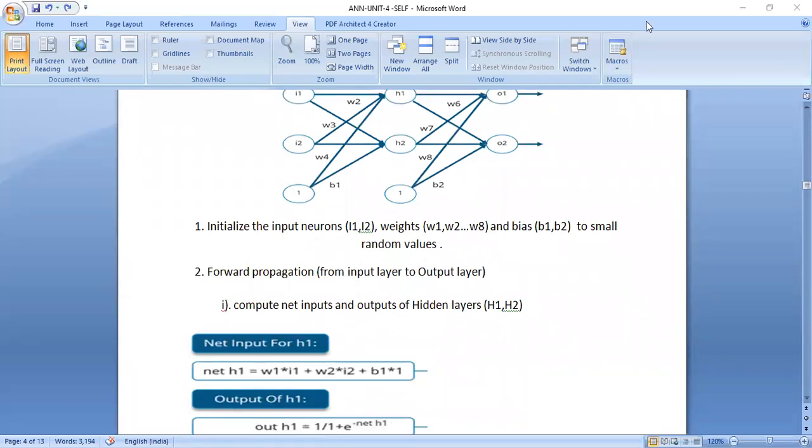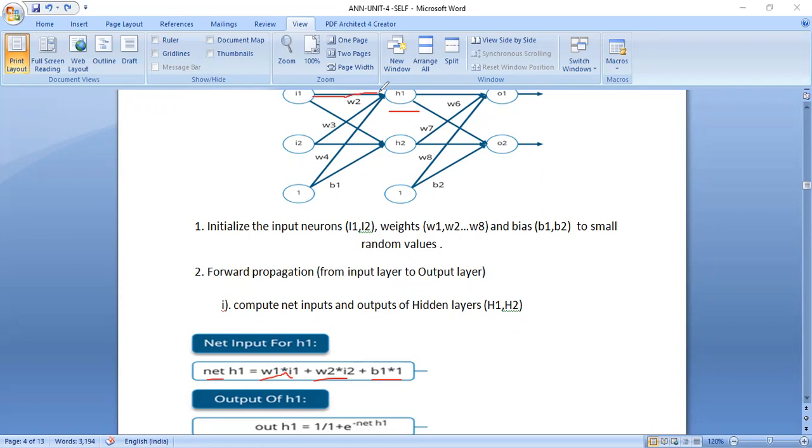These are the formulas for calculating H1. What is H1 here? Net H1 equals W1 into I1 plus W2 into I2 plus B1 into 1. This is the net input for H1. How many input signals are there for H1?